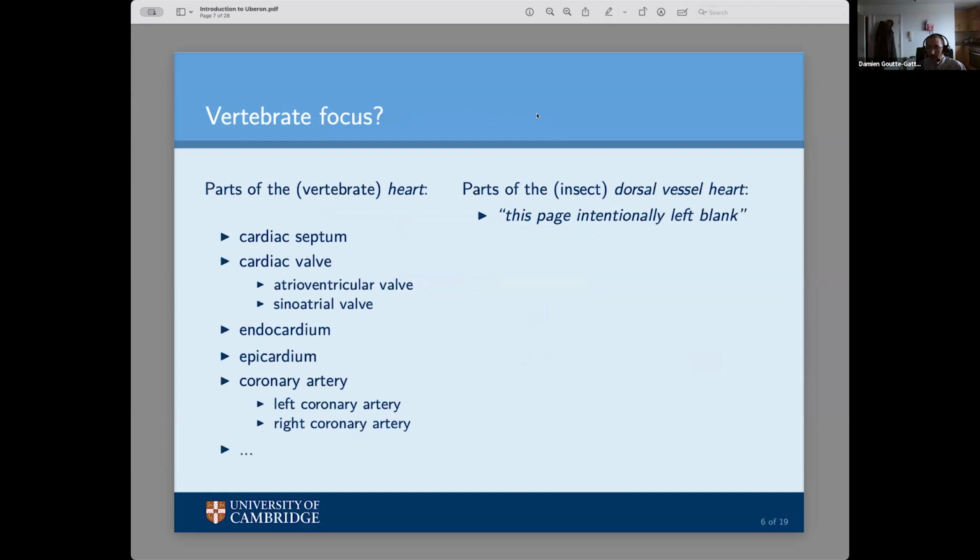Now, what do we mean when we say that the focus of the ontology is on vertebrates? One way to illustrate that is to look at the term for the vertebrate heart and at all the terms that represent parts of the vertebrate heart.